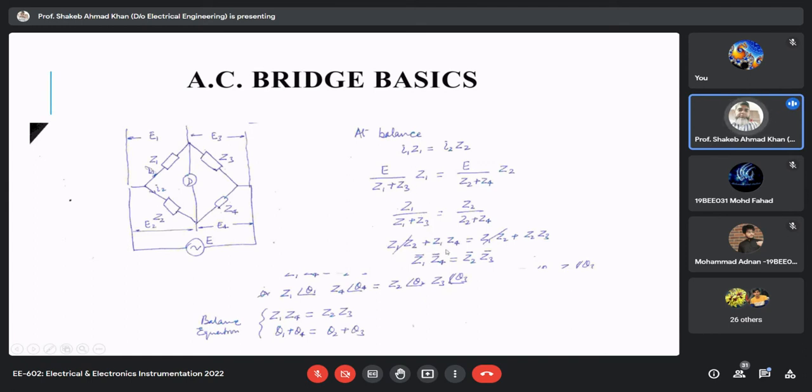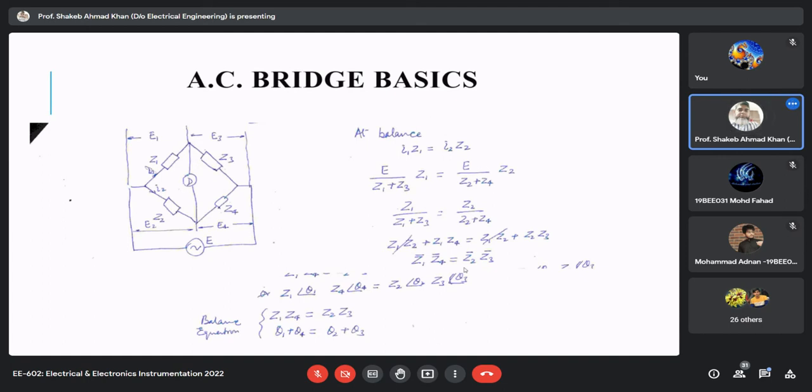Then after simplification, we got Z1 into Z4 is equal to Z2 into Z3. This is the balance equation, like P upon Q is equal to R upon S. But here you see that although it looks like that, that's why the bar is there on the head. These are complex numbers. So although it seems that it is a single equation, it is not a single equation, it is two.